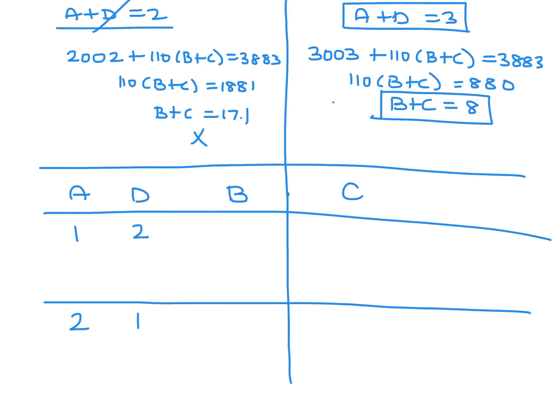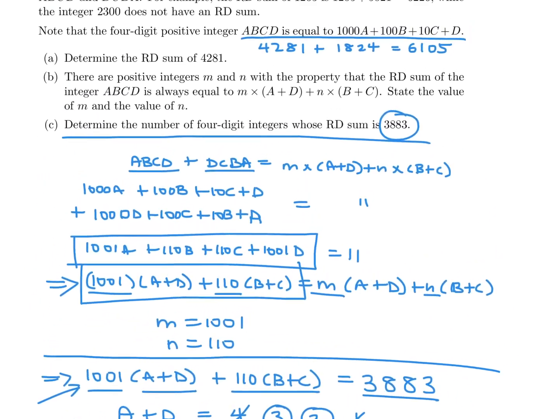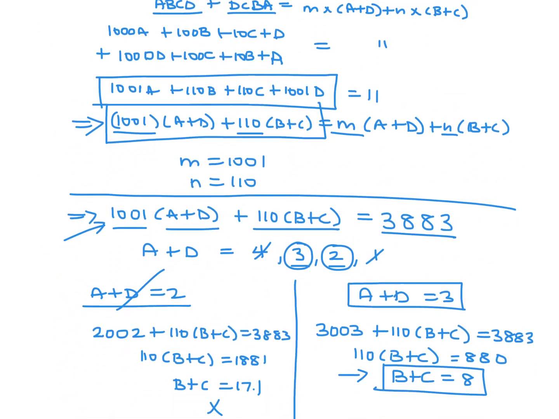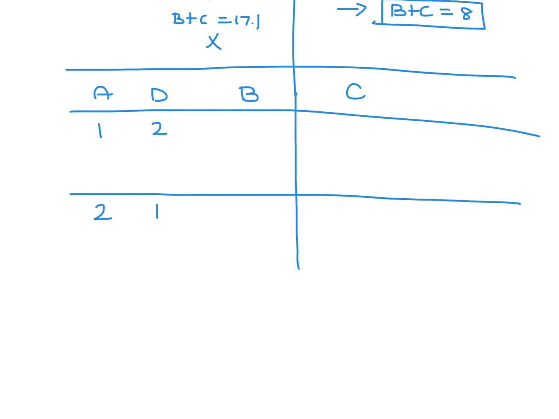Now B plus C is 8, and B and C, interestingly, can be 0 because those are the middle guys, right? So B could be anything from 0 to 9, and C can be anything from 0 to 9. So you could have 0 and 8, 1 and 7, 2 and 6, 3 and 5. What else? 4 and 4.